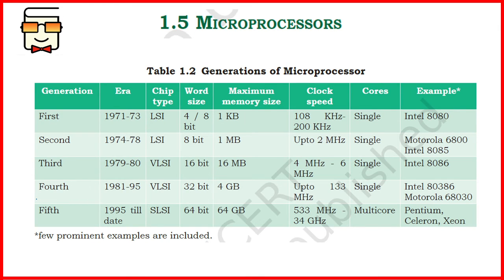So this is a table in your NCERT book, table 1.2, that tells how the microprocessor has evolved over time. It gives some prominent examples from different eras and generations of the microprocessor, the first, second, third, fourth and fifth generation. And it also tells about the integration, the LSI, the VLSI and the SLSI. We studied about this in the lecture Evolution of Computers.